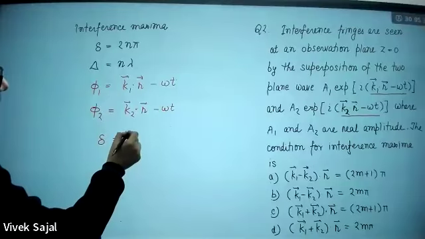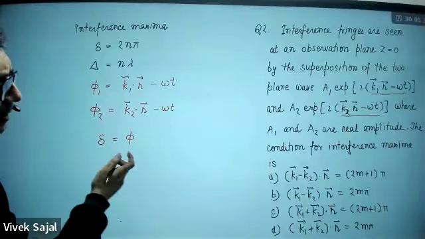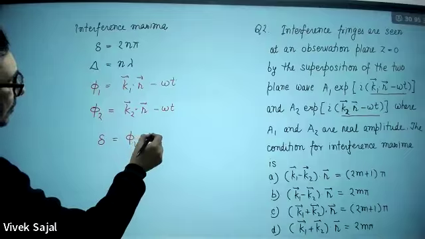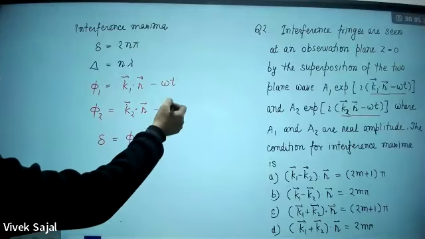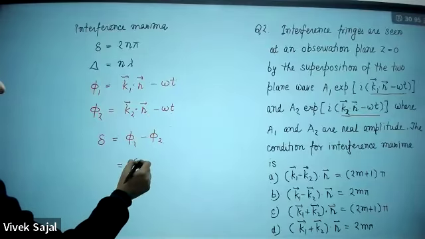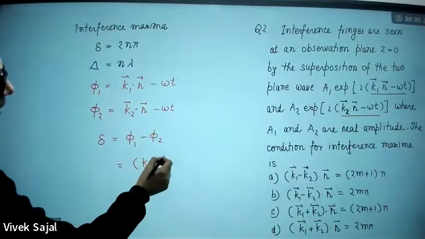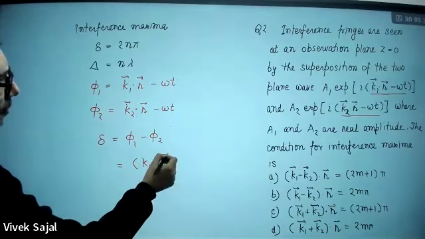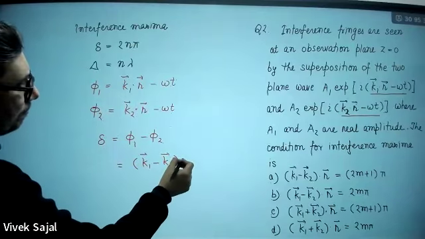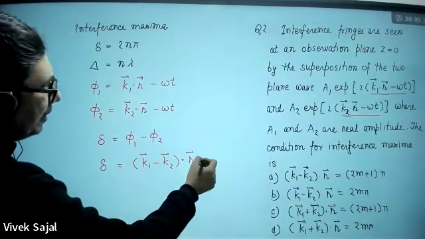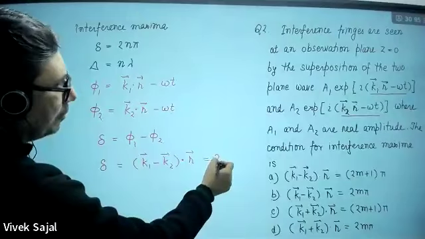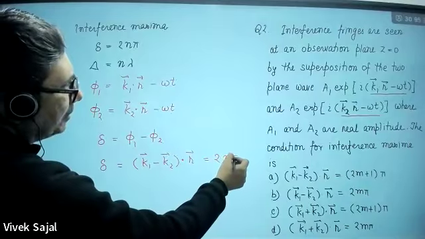So what is the phase difference delta? Delta will be phi 1 minus phi 2. Omega t will cancel out and this becomes k1 minus k2 dot r, and this is delta. For interference maxima, this should be equal to 2n pi.